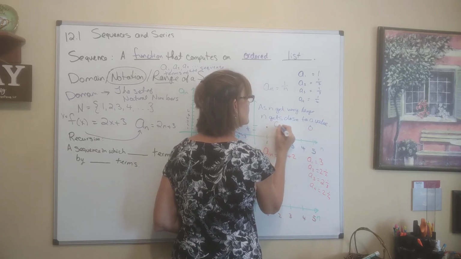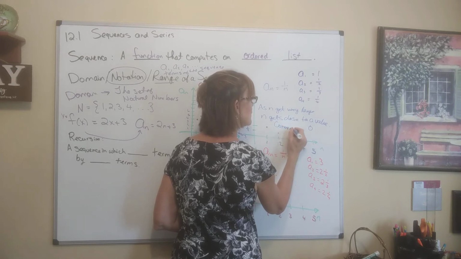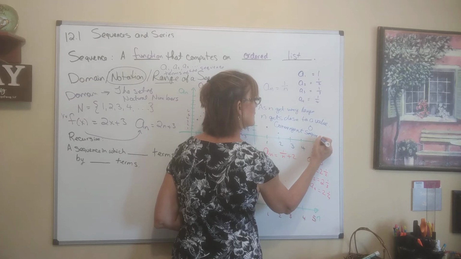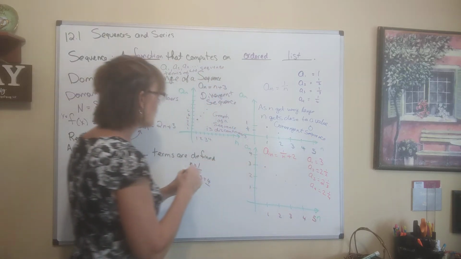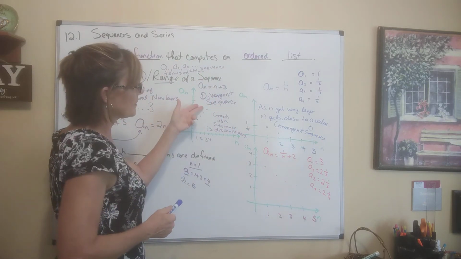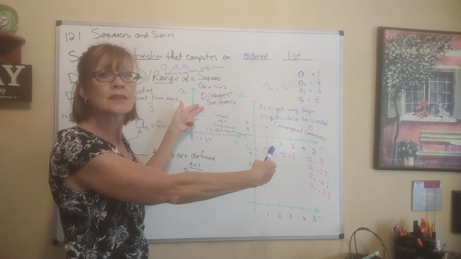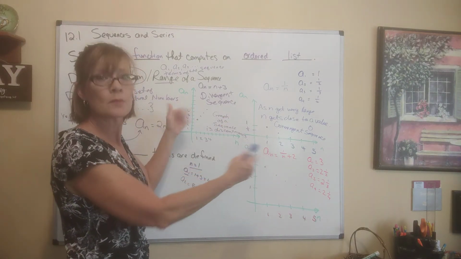So this is convergent. It converges to 0. All right. So what was happening with the purple? What made this divergent? The fact that as n got large, a sub n did not approach a single value. That's what made that divergent.